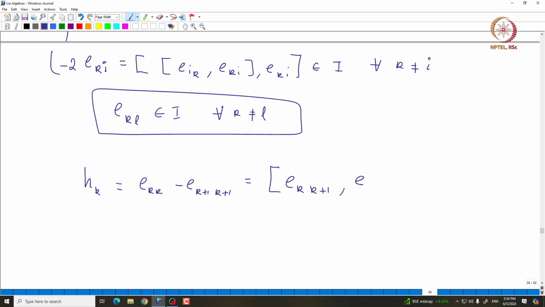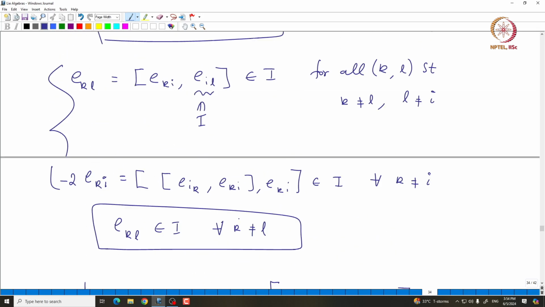The bracket of E_{K,K+1} and E_{K+1,K} will be exactly H_K, and this is inside your I again. So, all the basis elements of SLN are there, which implies SLN is contained in I.